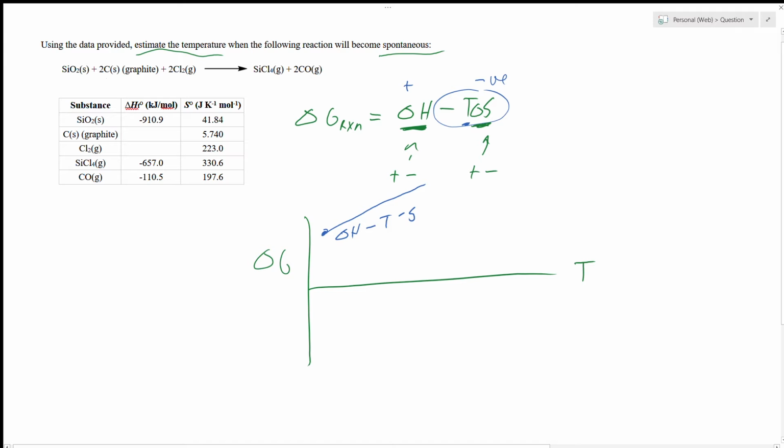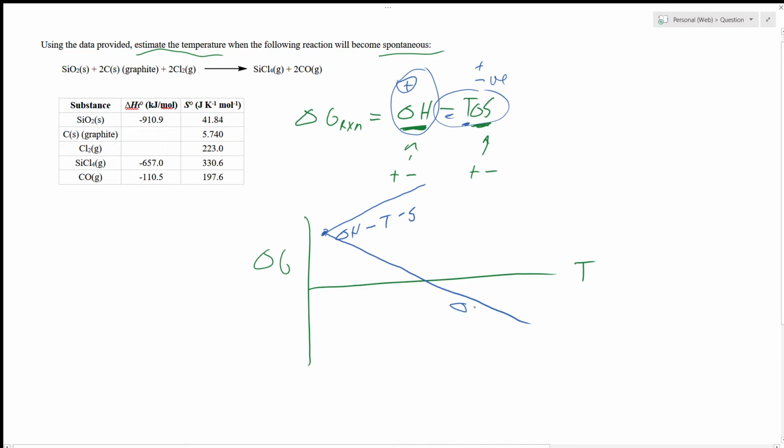So the other possibility is that we have delta H still being positive and then our S being positive. So then we've got a situation where we have a delta H positive minus a positive number, so we're getting more and more negative as we're increasing the temperature. So that means the situation will be like this.